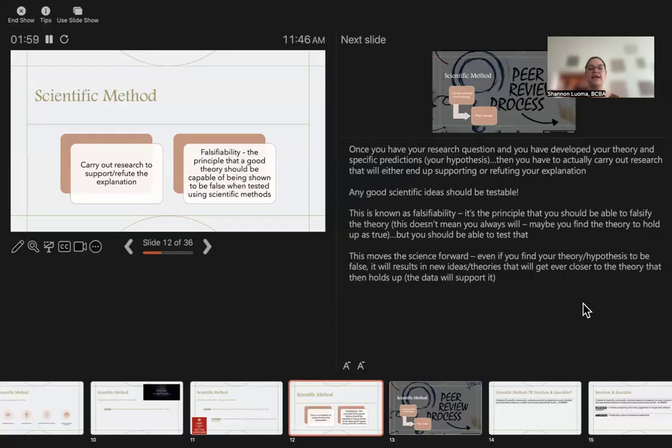So usually, whether your results prove your hypothesis correct or incorrect, many new research ideas and theories are going to be produced from that, and new research studies will be conducted, and it will get closer and closer to the theory that holds up, the hypothesis that is proven correct, and then that will be replicated enough times that the data supports that overall theory that we had.